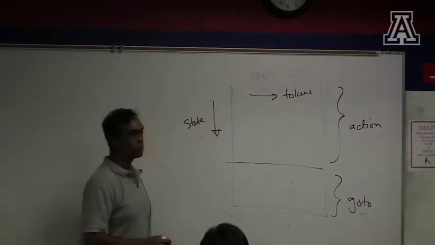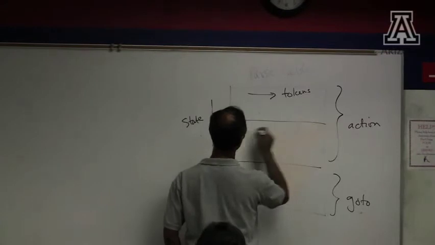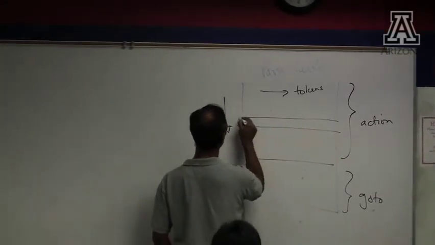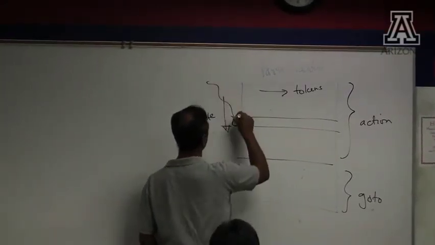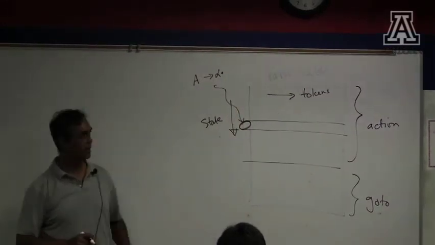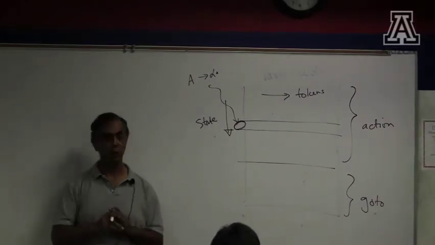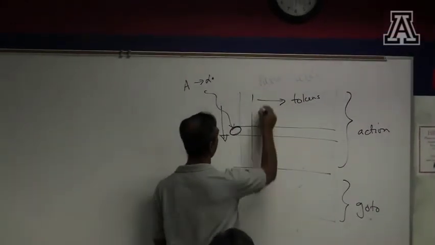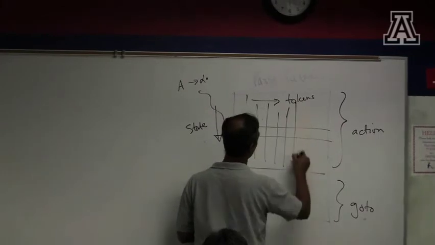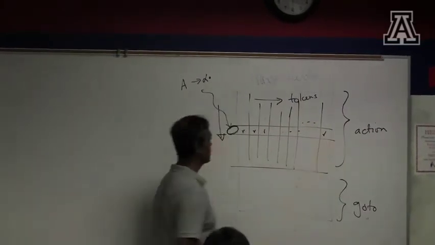If I have a state where the dot is all the way across, let's suppose in this state I have something like A goes to alpha dot, and I decide that I'm going to reduce no matter what. Then I have a reduce action across the board, reduce, reduce, all the way across.